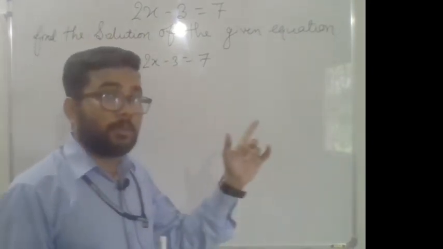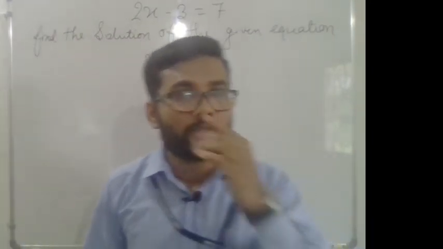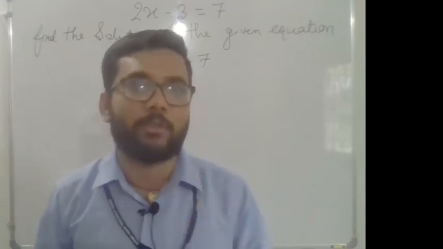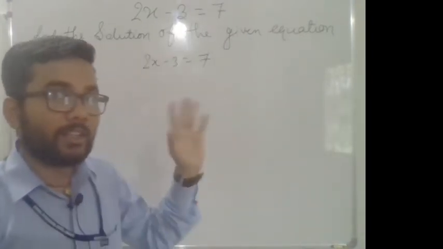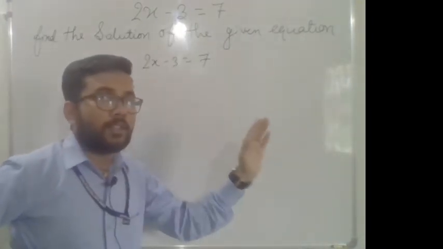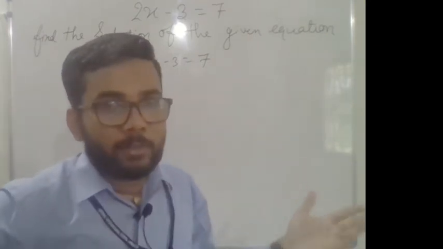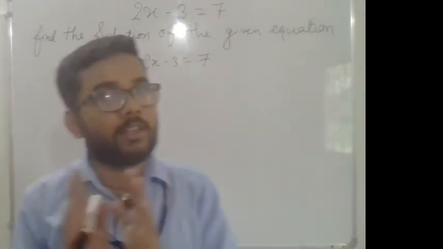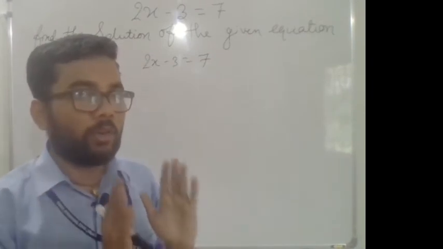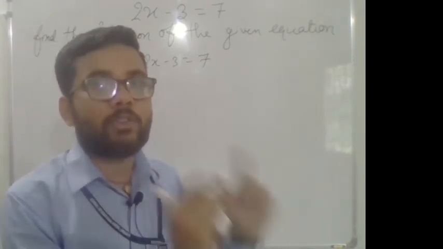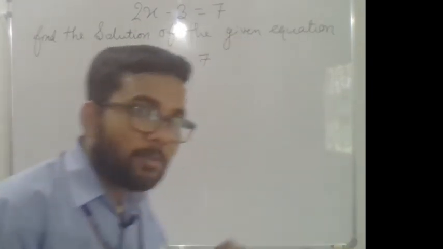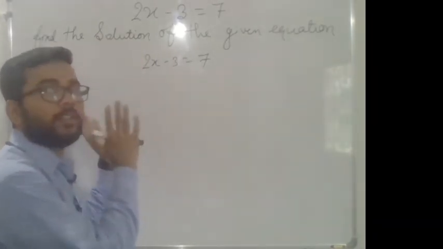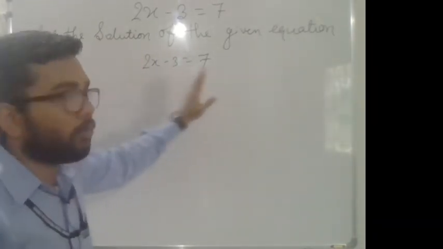Remember, in previous class, in class 7, you have learned about simple equation. What you did in that equation, you just transpose the constant term in one side and variable in one side. The same process you will have to do in this linear equation in one variable also.